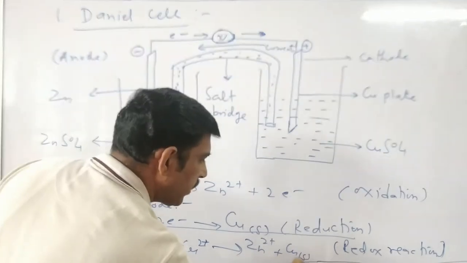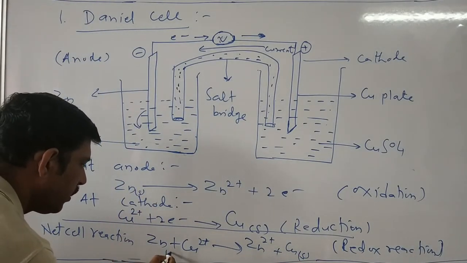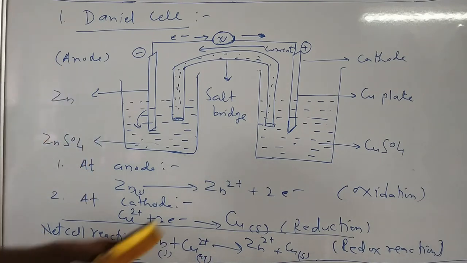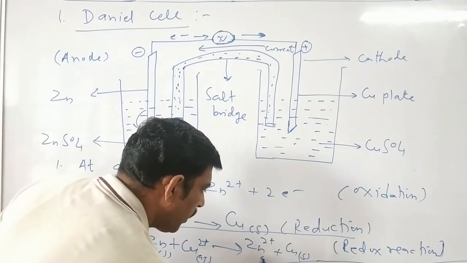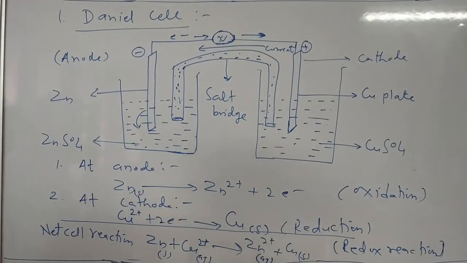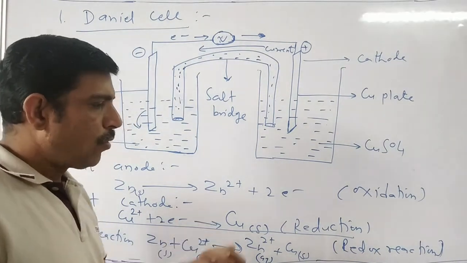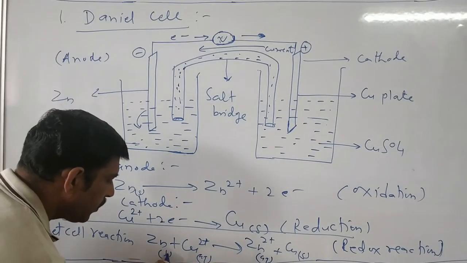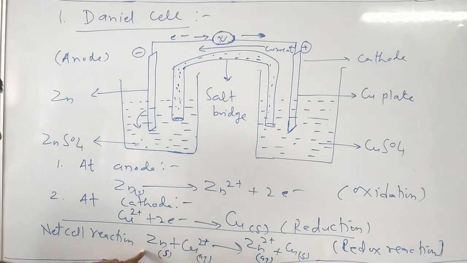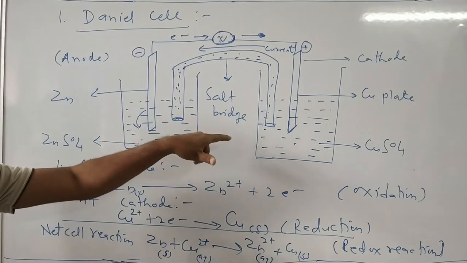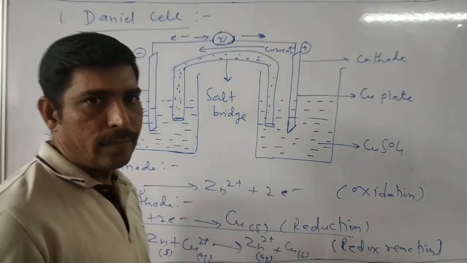We can also write the states: zinc is in solid state, Cu dipositive is aqueous because the copper ion is present in the solution, and the zinc ion is also present in aqueous form. If you are not writing them, no problem, but try to write their physical states. This is the complete net cell reaction for the redox reaction that takes place between the oxidation half cell and the reduction half cell.